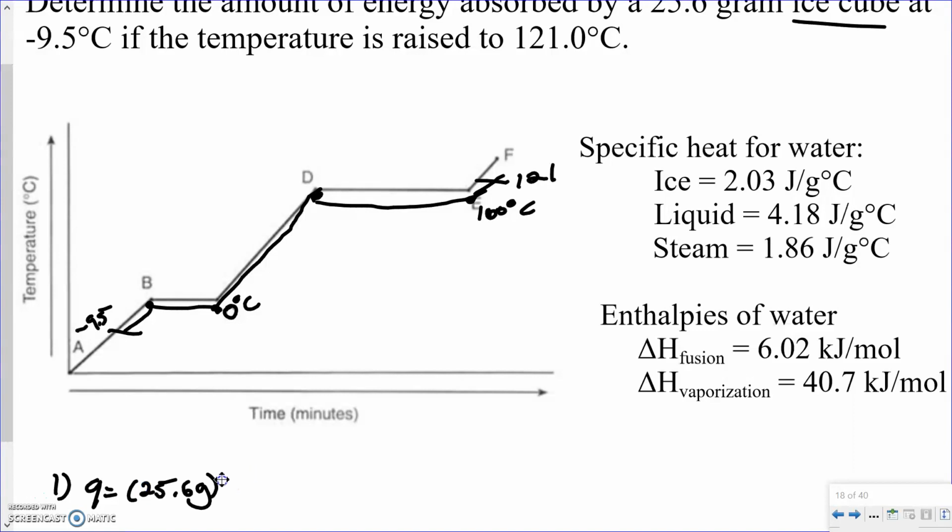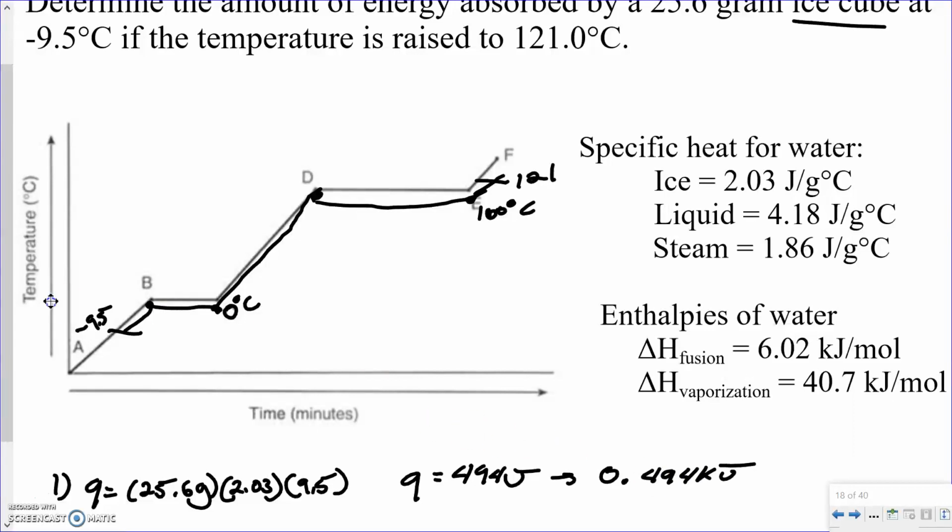Okay, Q equals mcΔT, c is going to be 2.03, and delta T is our change in temperature, which is 9.5, and that's going to give us a Q, if we go through and calculate this, 25.6 times 2.03 times 9.5, okay, and that's going to give us 494 joules, or again, I convert into kilojoules, 0.494 kilojoules.